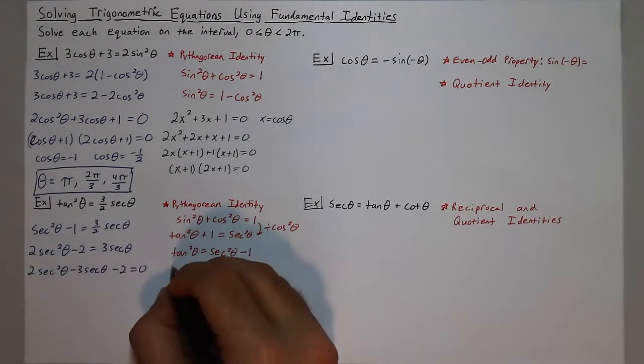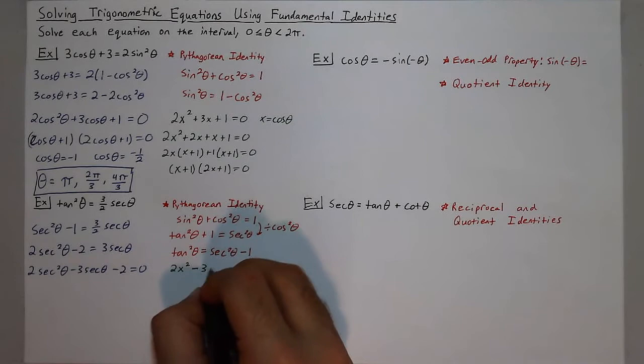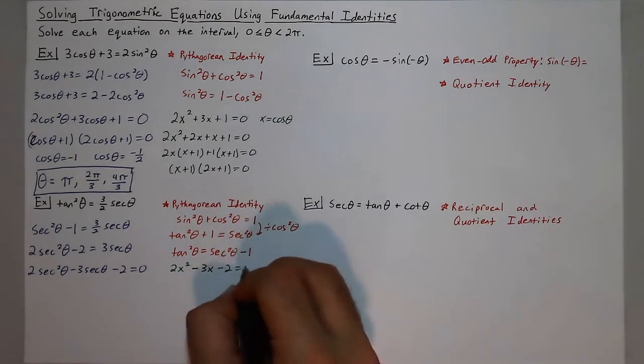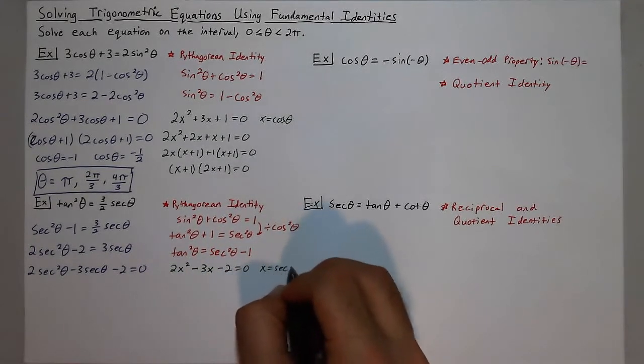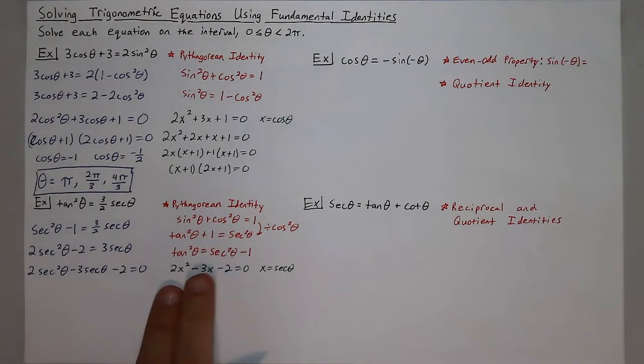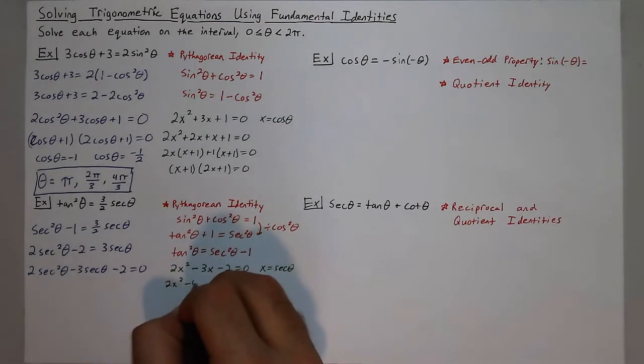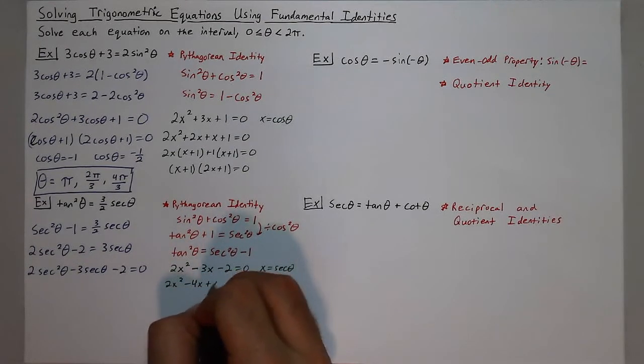So that can be thought of as 2x squared minus 3x minus 2, where x is equal to secant of theta. And again, I'm looking for two numbers that multiply to negative 4, but then add to negative 3. That would be negative 4x and a positive 1x.